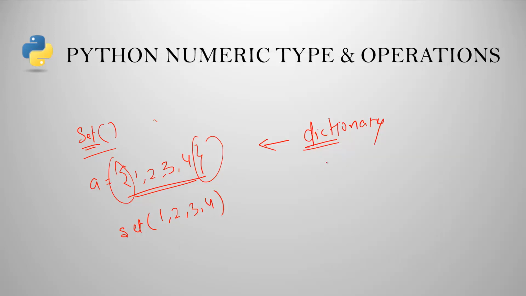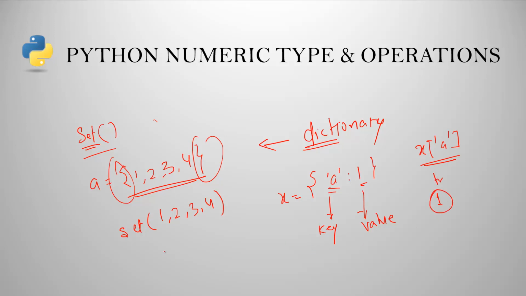If we are creating a dictionary, here basically we are giving a key and a value. So this is the key and this is its value. Anytime if you want to check the value of a key, we can simply give it like this and it will return the value of 1.